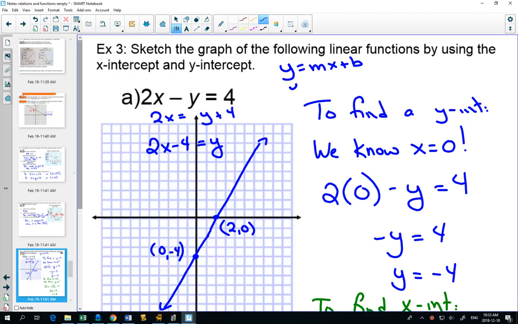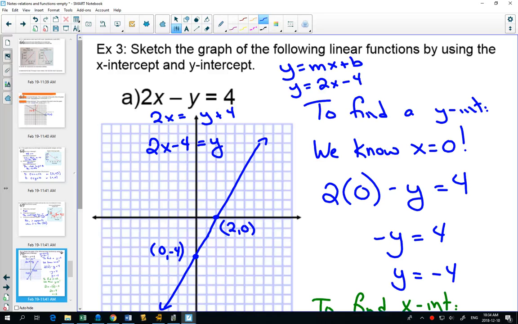So I could rewrite this equation as y = 2x minus 4. What did the b stand for? The y-intercept. Is our y-intercept at minus 4? Can you see if you plugged in 0 for x, it would be really easy in this way to find your y-intercept, and it's minus 4.